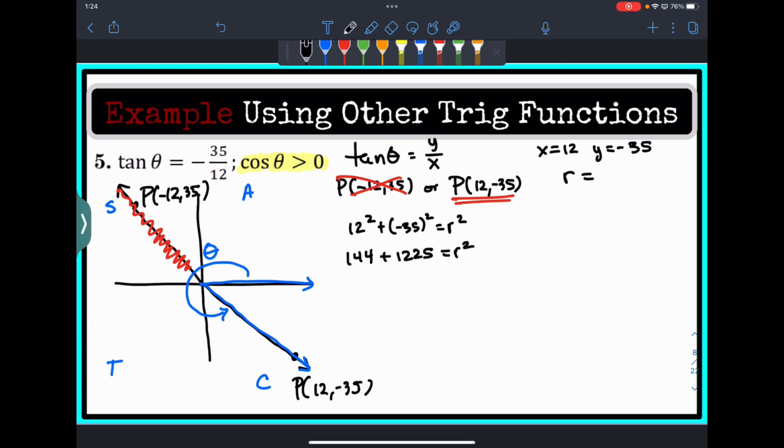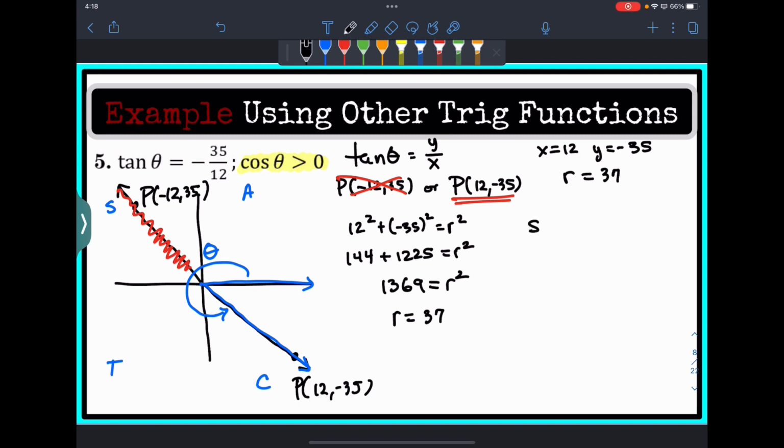And when I add those numbers together, that's going to give me a total of 1369. Now the square root of 1369 equals 37. So our r is 37. So now with all of those values there, I can find the remaining 5 trig functions.